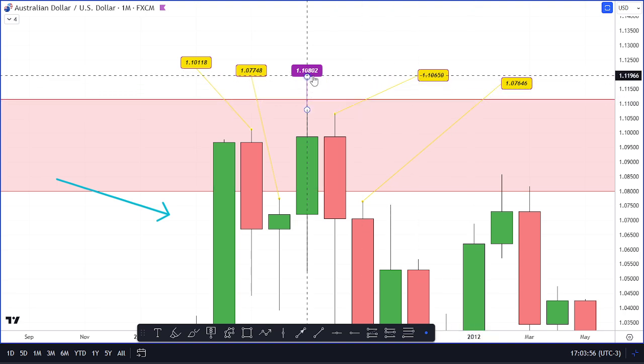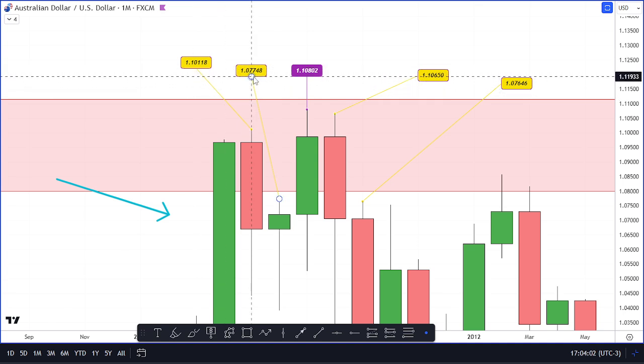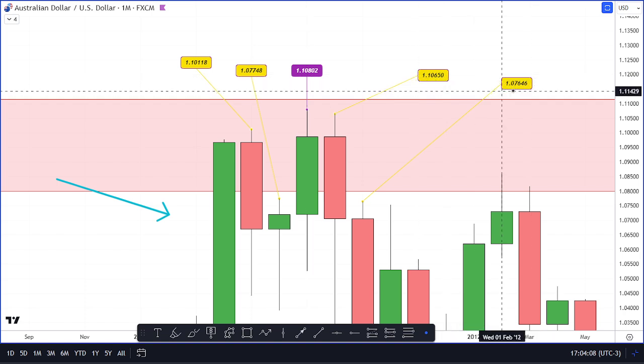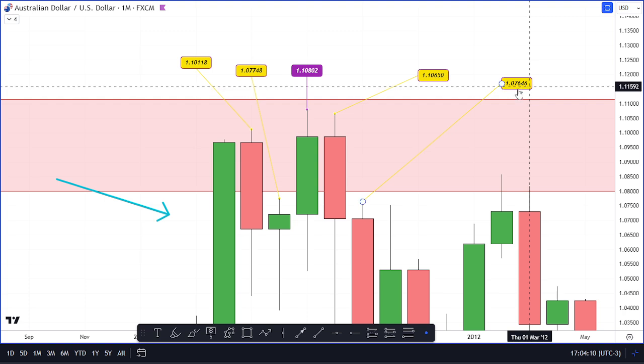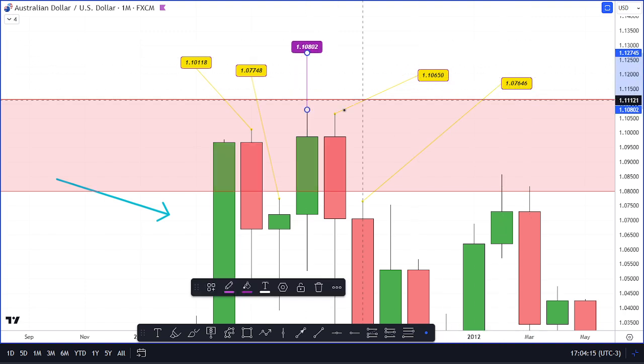This one is 1.10802. This one is 1.10118. This one is 1.07748. This one is 1.10650, and this one is 1.07646. So it's very clear that this one is higher than the other candles, right?